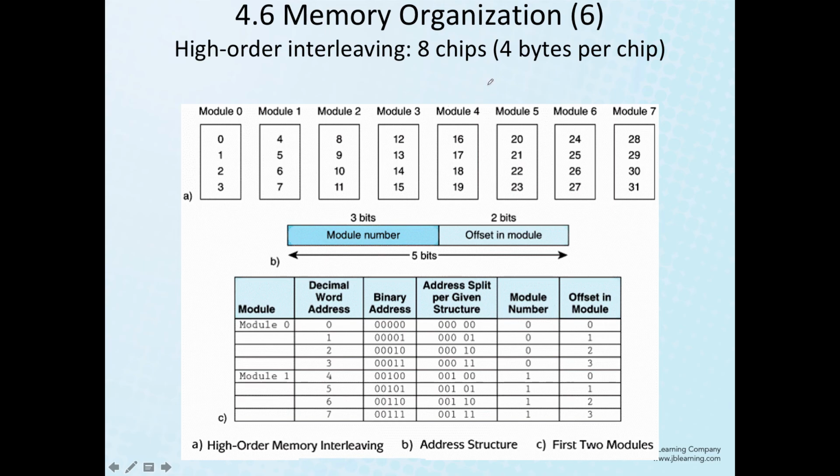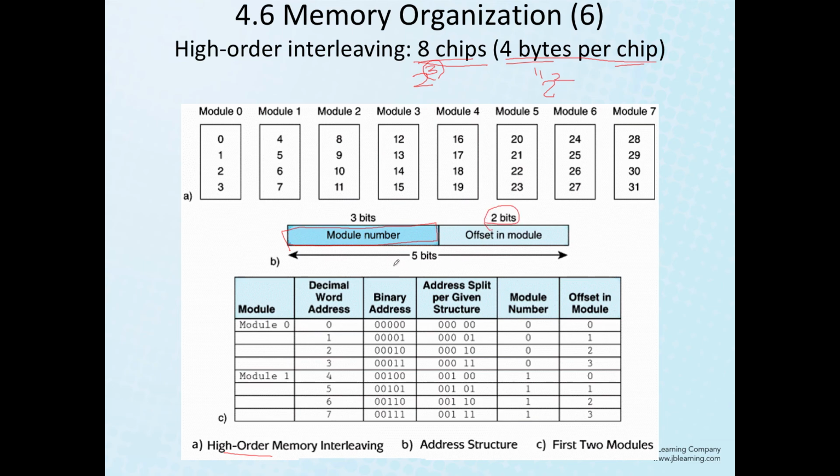Let's take a look at it another way. Suppose we have 4 bytes per chip, and suppose we have 8 chips. How could we configure this in high order interleaving? Since we have 8 chips, which is 2 to the 3, we need 3 bits to select one of the 8 chips. In high order interleaving, the most significant 3 bits are used to select one of the 8 modules, and each chip has 4 bytes, which is 2 to the 2, so we need 2 address lines there.